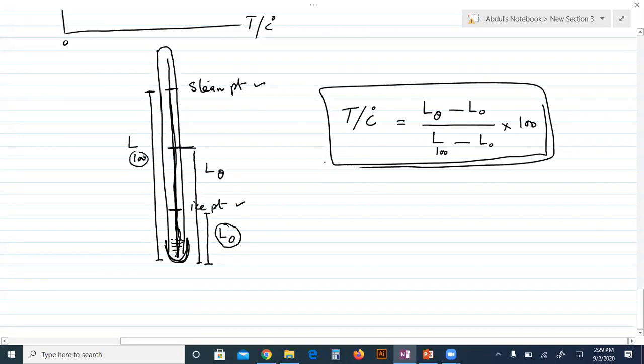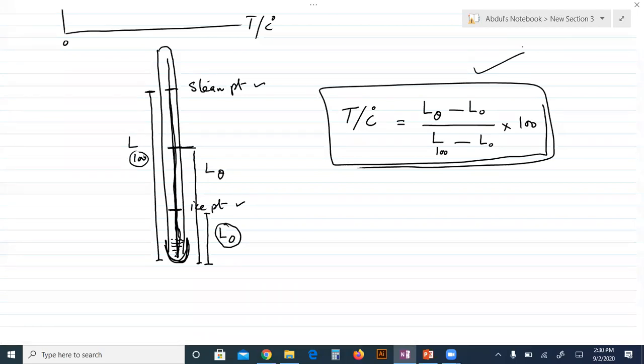So you will get the exact value of the temperature without using any calibrated thermometer. Just two points are marked, the ice point and the steam point. By measuring the length of the liquid for the unknown temperature and then using this formula, we can find the temperature in degrees Celsius.